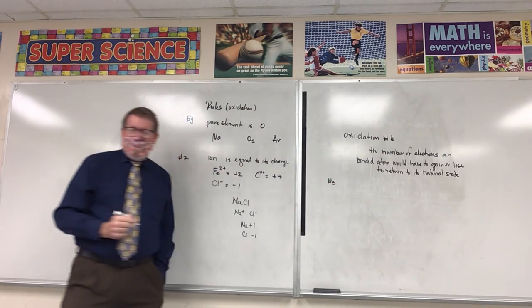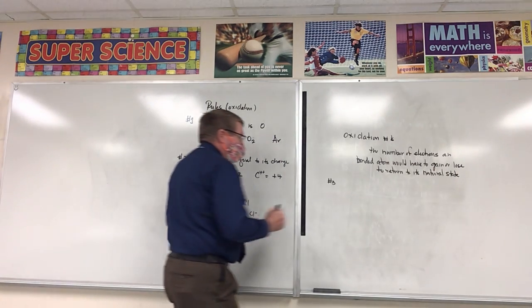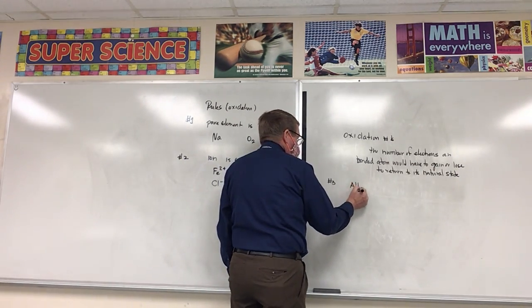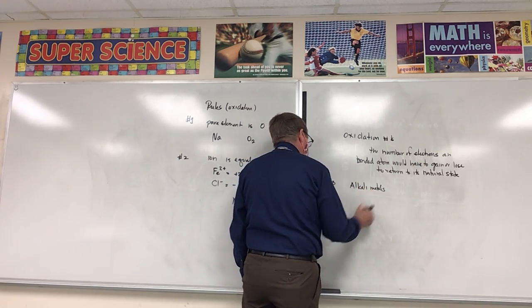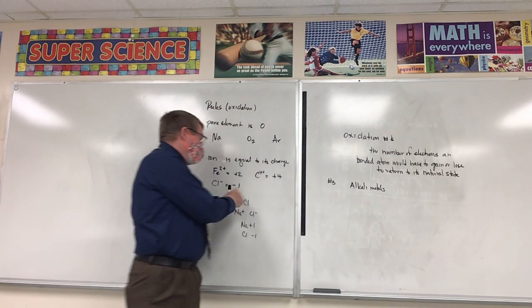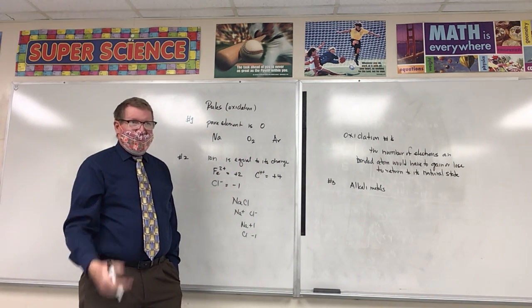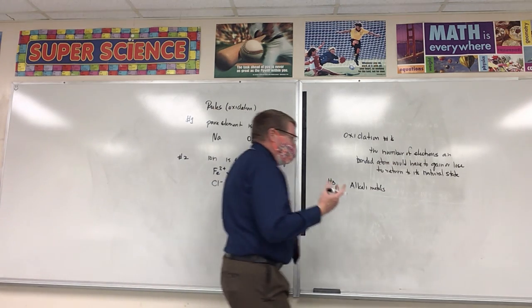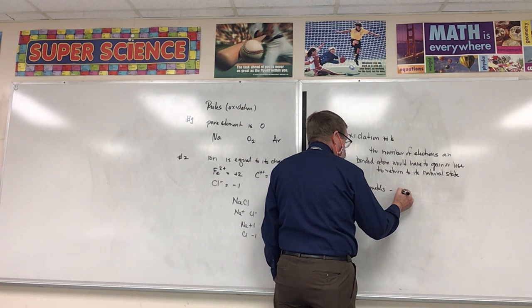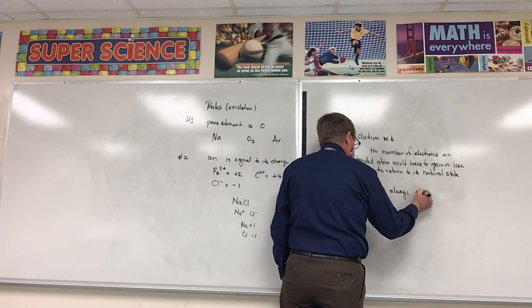Rule number 3 is divided up in a number of parts. Alkali metals. This rule and this rule kind of overlaps because alkali metals are always going to be an ion, right? And it's always going to be the charge of their valence electrons, always a +1.